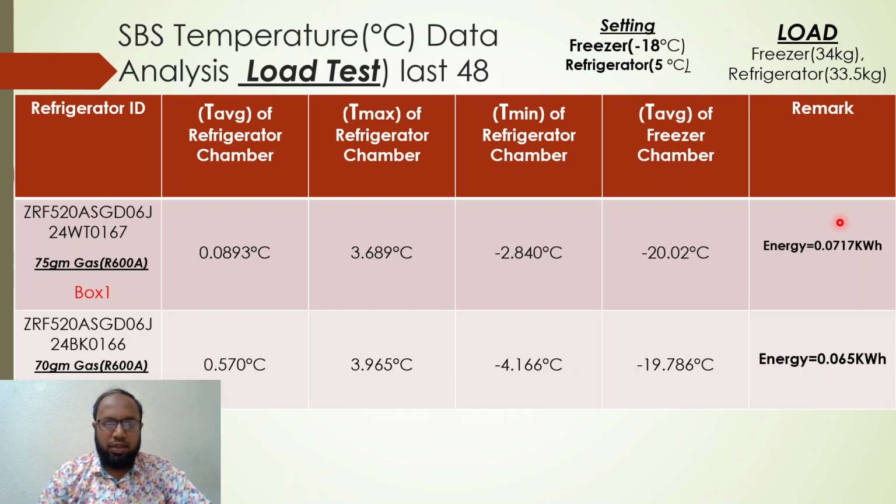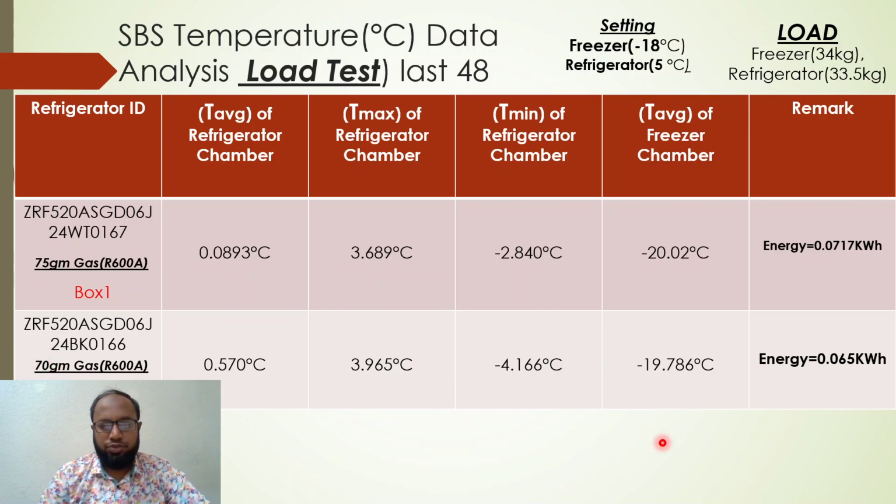And this is another refrigerator we are testing, box 2. Here all the data we get is comparable. So if we compare the 75-gram gas and the 70-gram gas, which one is the best?